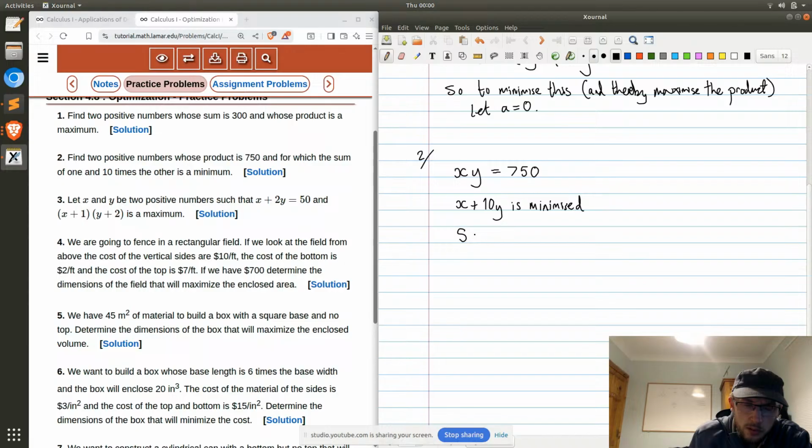Very well. I shall say, well, okay, don't use S. Just say sum. Okay, so y is equal to 750 over x. 7,500 over x.